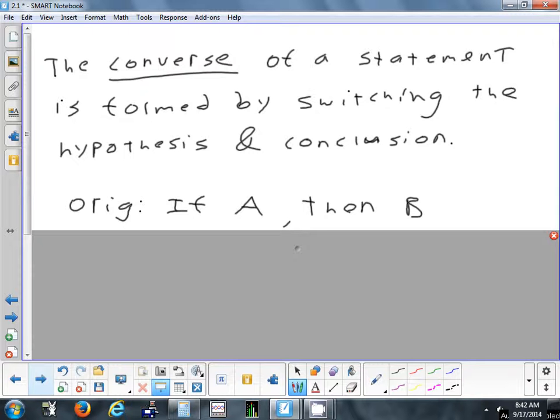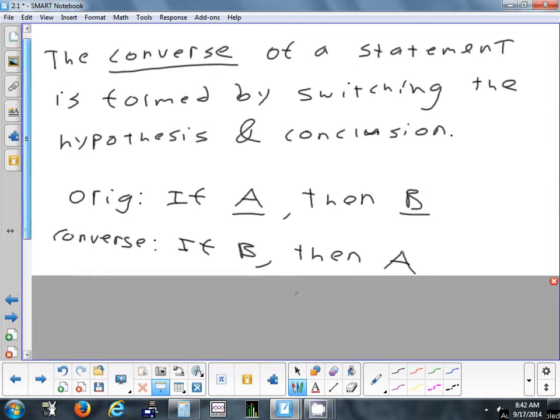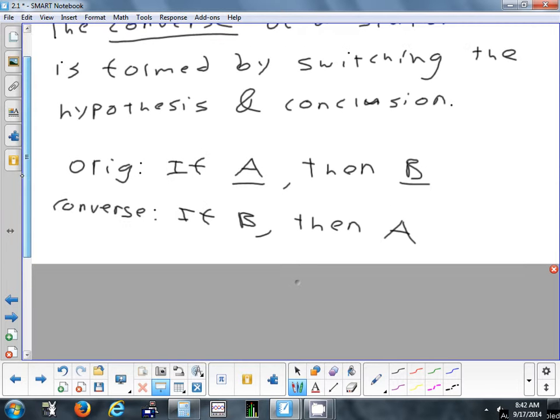Well, Sarah? Here's your hypothesis, here's your conclusion. Switch them to get the converse. If B, then A. So just based on the examples I've already done, is the converse of the original statement always logically equivalent?